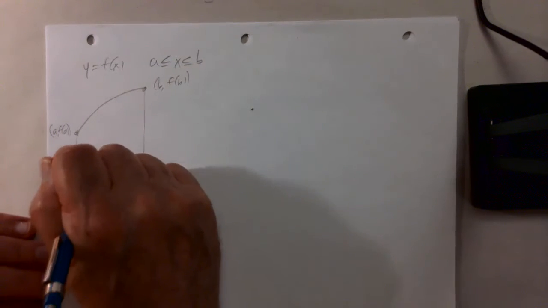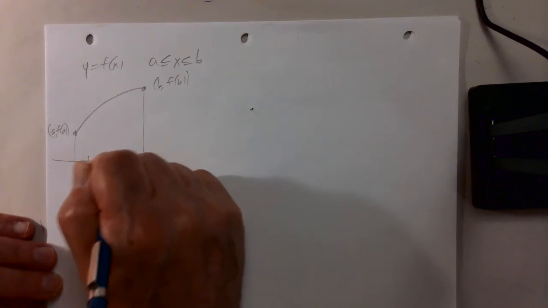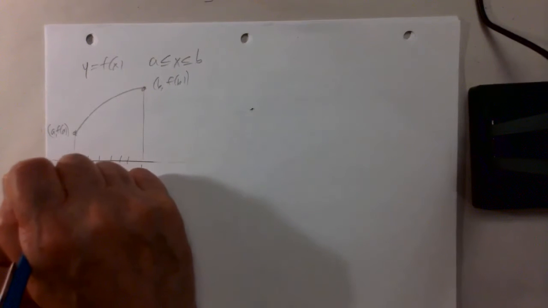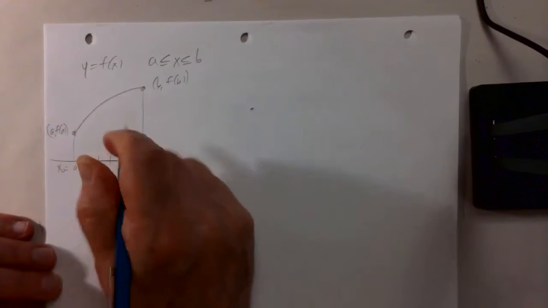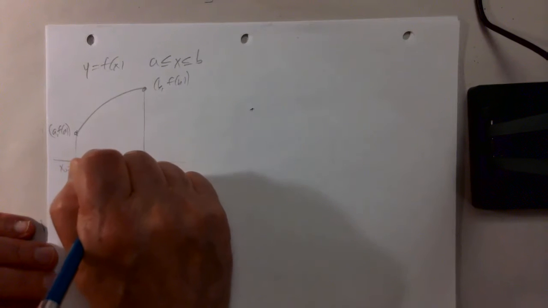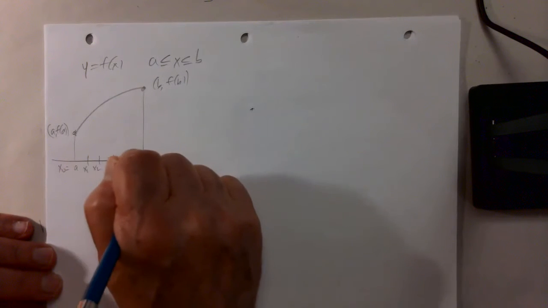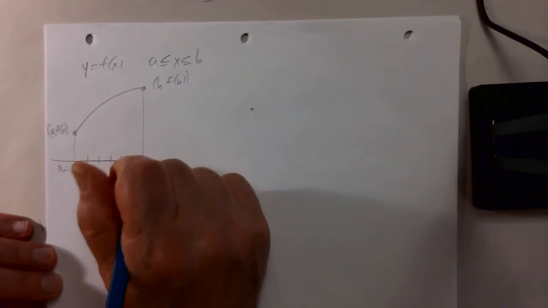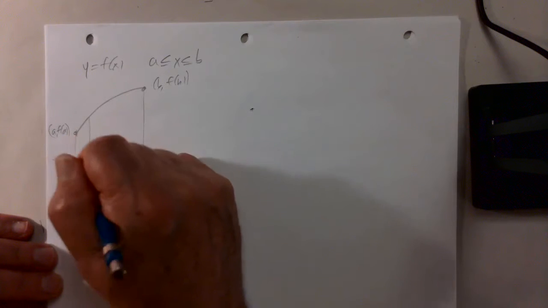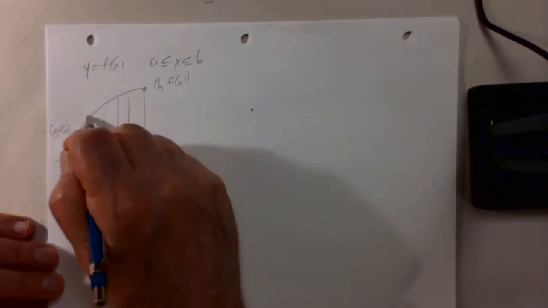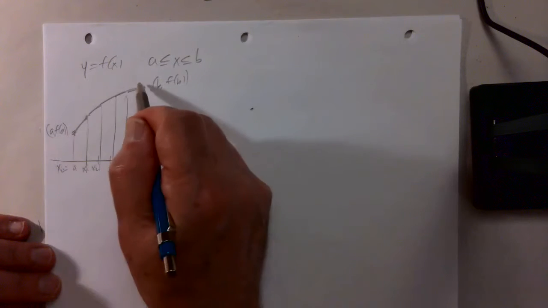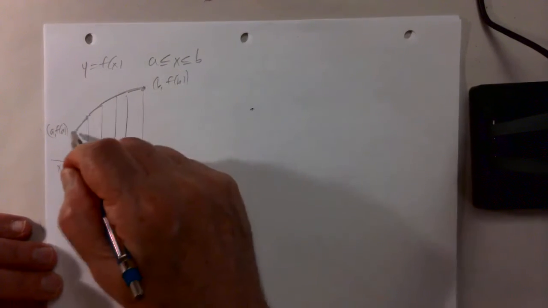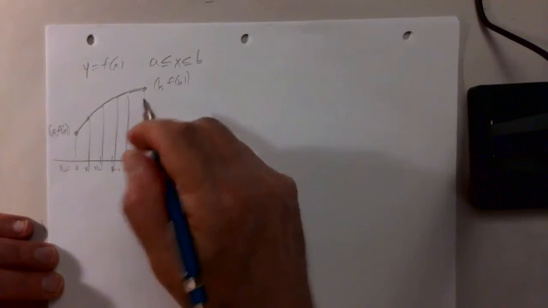And what we do is divide this interval up into n pieces. Let's say a is x0, x1, x2, xi minus 1, xi, up to x sub n. That's b. And we look at all these pieces on the curve. And the length of the whole curve is the sum of the lengths of the pieces.